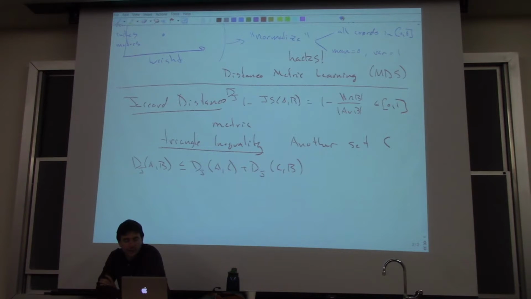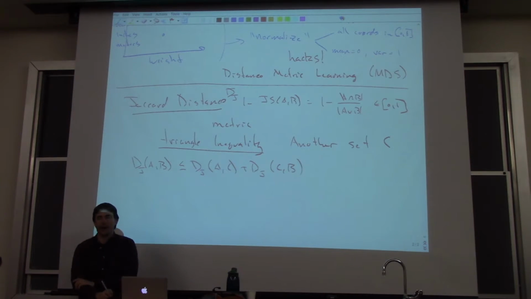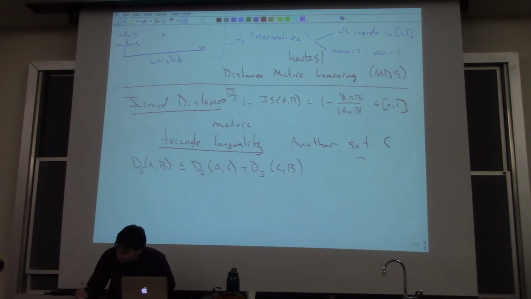So if C is not in the intersection of both A and B, remember that we have A and B as the two sets.